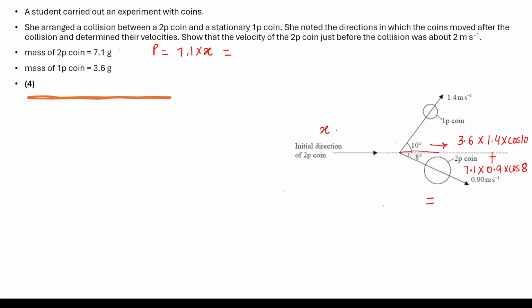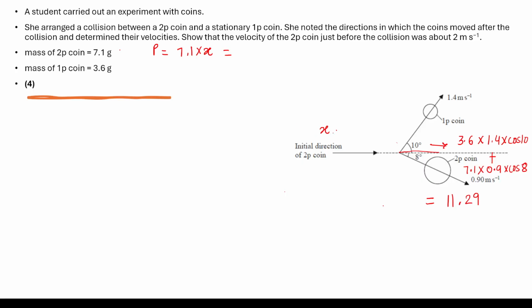So I got 11.29 as the total, 11.29 something something. I'm not writing the whole number, but I'm going to divide entirely by 7.1 to get rid of my rounding errors in my answer.